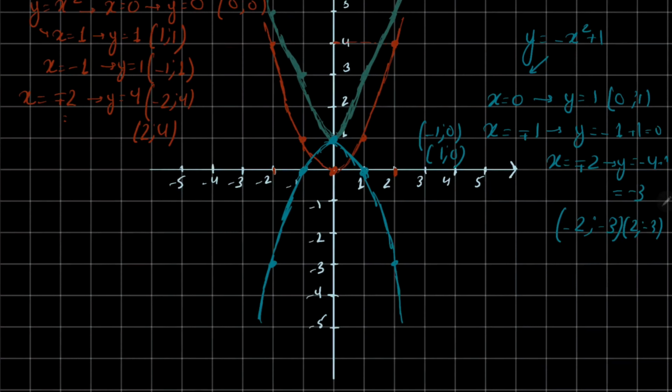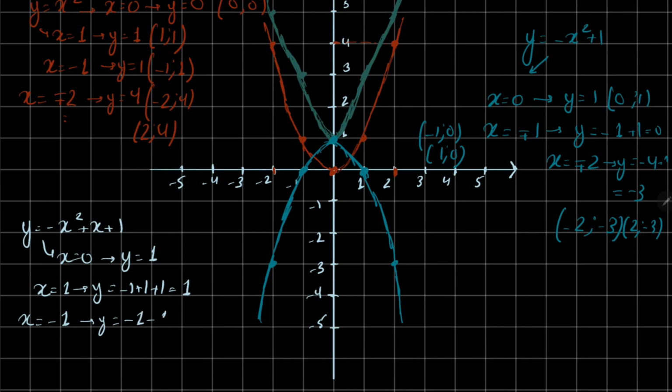Let us now take the example of y equals to minus x squared plus x plus 1. So let's take for x equal to 0, y will be equal to 1. For x equals to 1, then y will be equal to minus 1 plus 1 plus 1 equals to 1. And for x equals to minus 1, then y will be equal to minus 1 minus 1 plus 1 equals to minus 1.